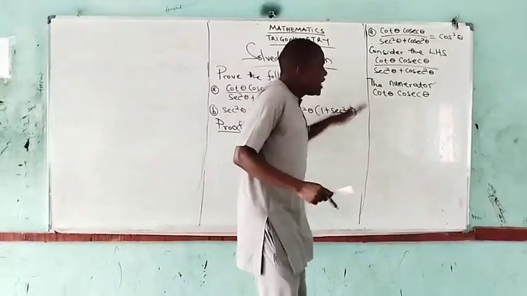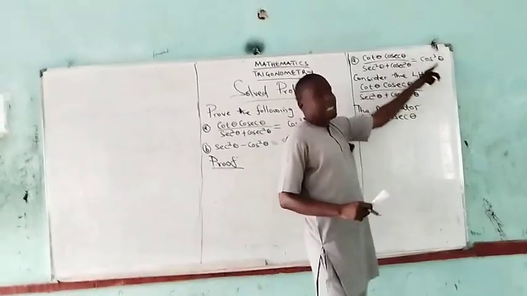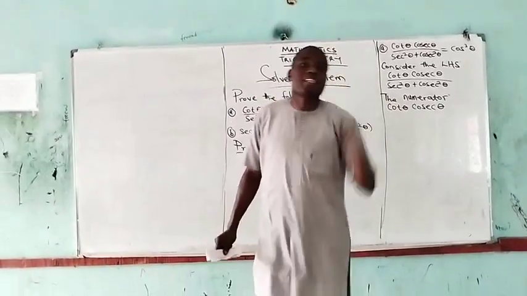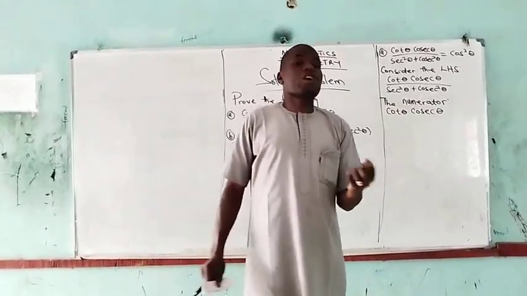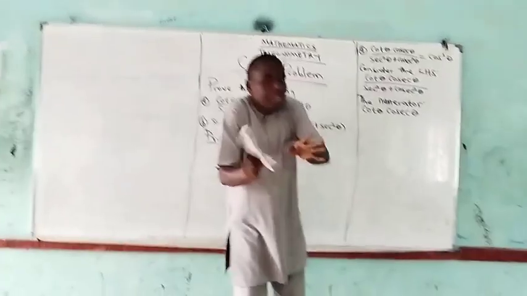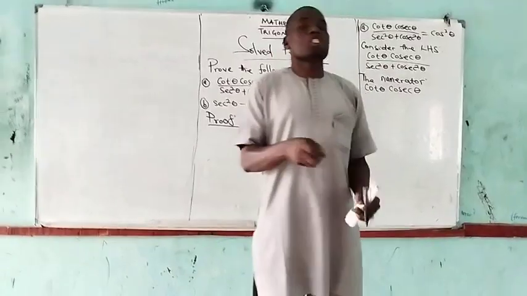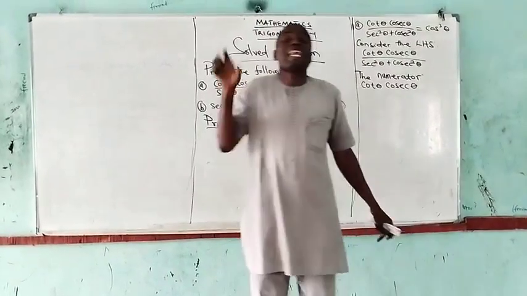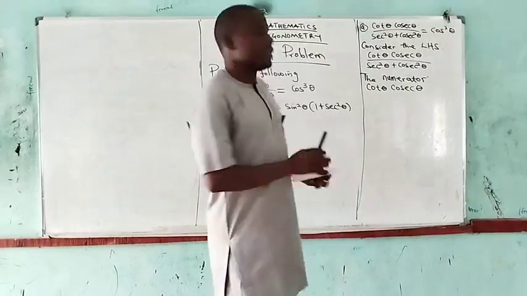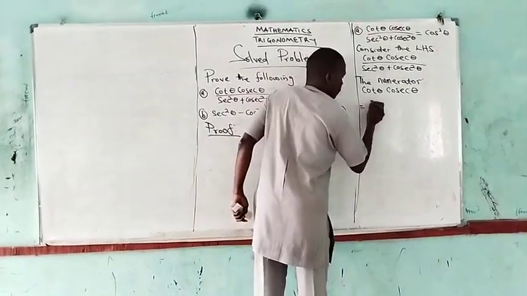But do we need tan here? No. So what is another expression for cot? Cot is cos over sine, so we avoid tan throughout. Cot is cos over sine.